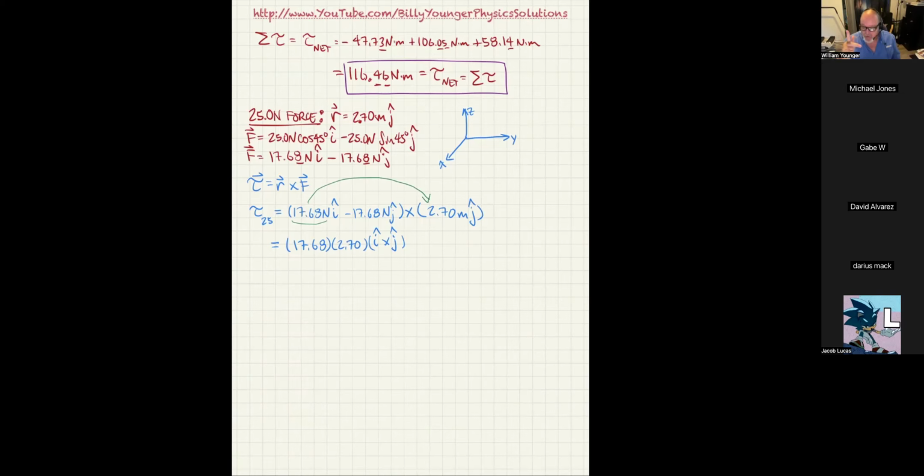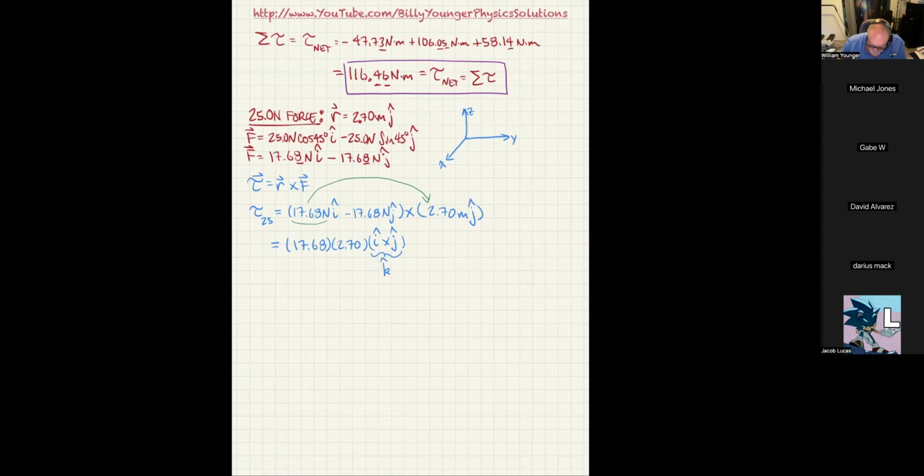So the main thing is I'm going to take the i hat cross j hat, and that points in the upward direction, which is the positive k hat. So what that means is the 25 newton force causes a torque that points in the positive k hat direction, because i hat cross j hat is equal to k hat.